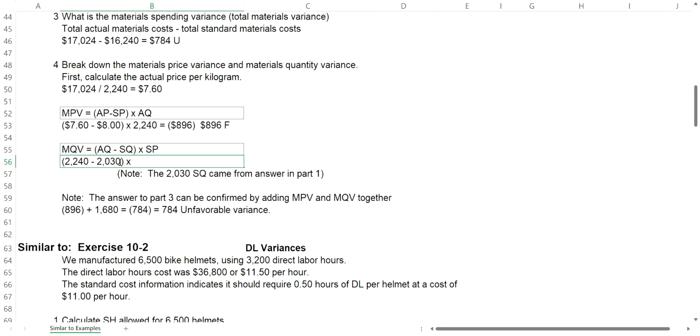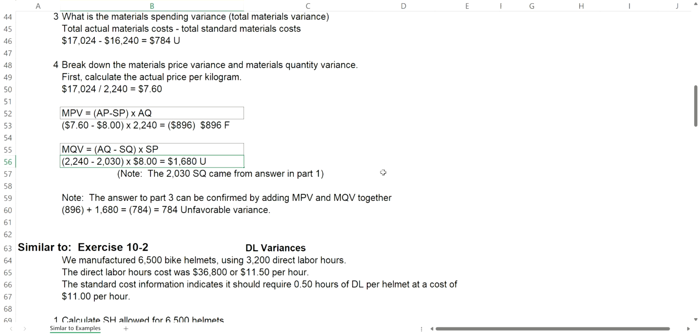And then take it times the standard price per kilogram, which is given at $8. Okay, so I take 2,240 minus 2,030, and then take it times $8. That does give me a positive 1,680.